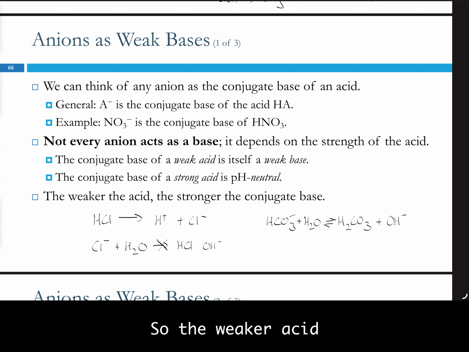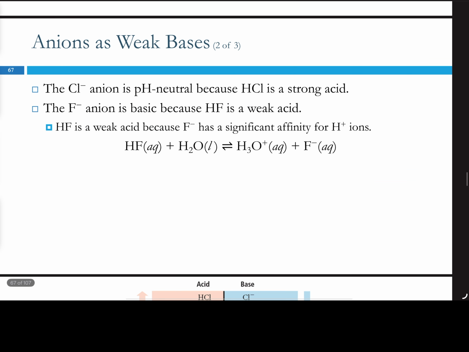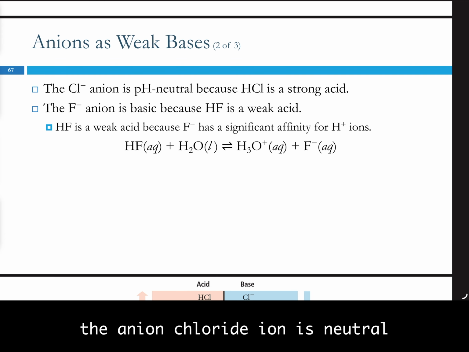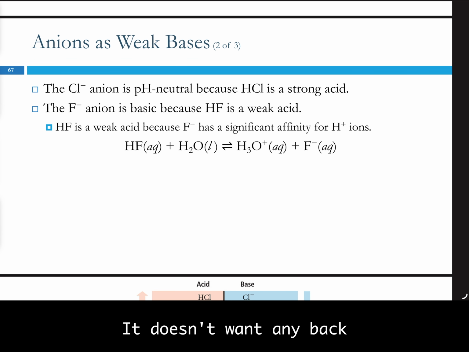So the weaker the acid, the stronger the conjugate base. For example, again, the anion chloride ion is pH neutral because HCl is a strong acid. It completely gives up hydrogens. It doesn't want any back.